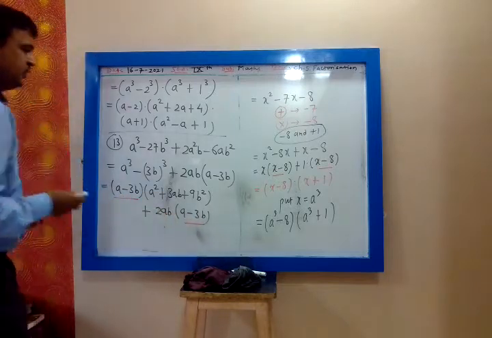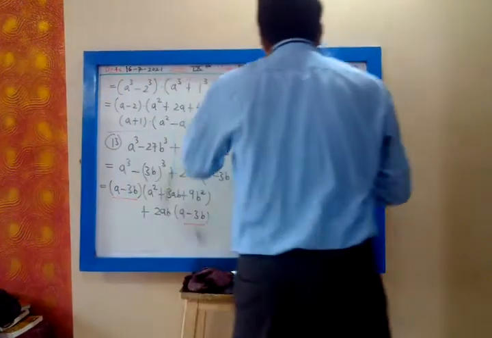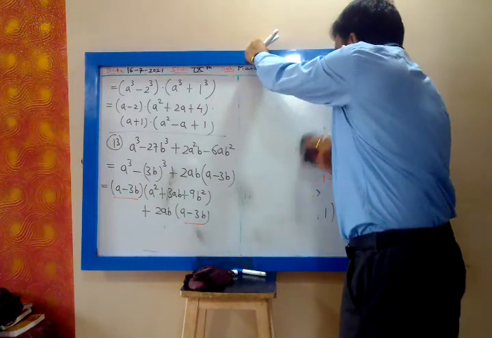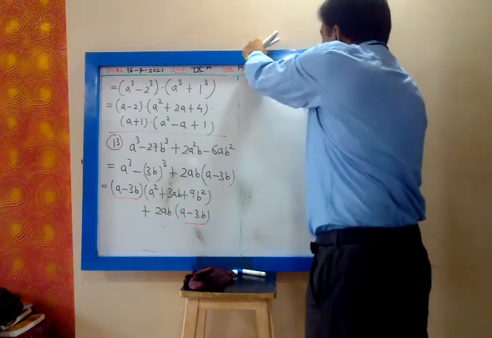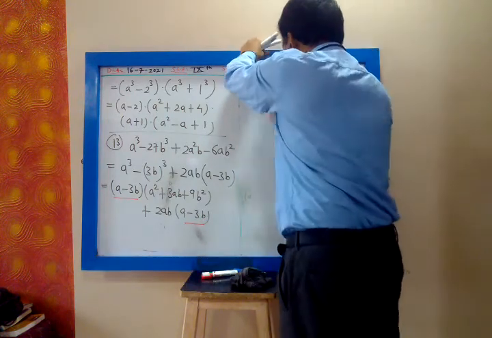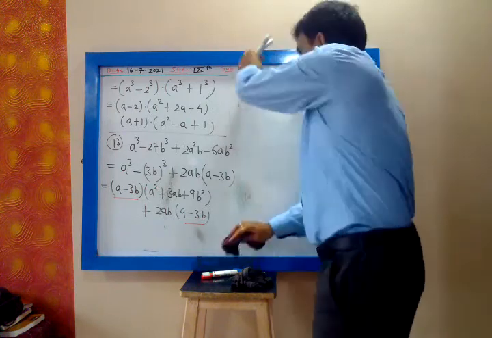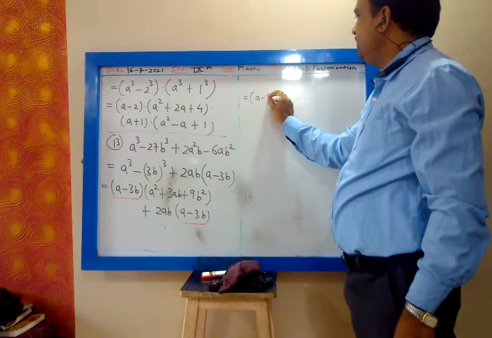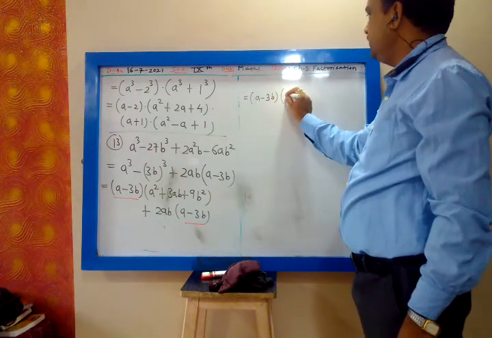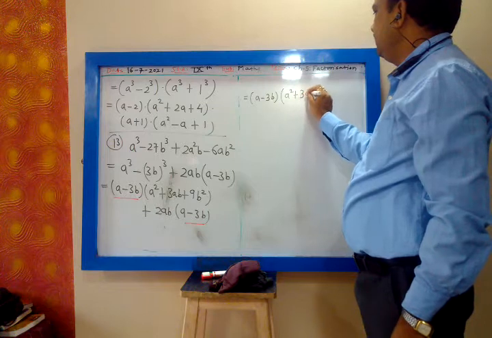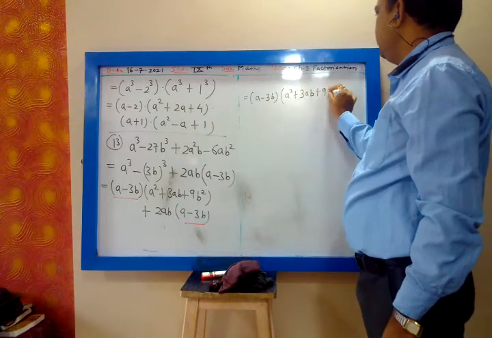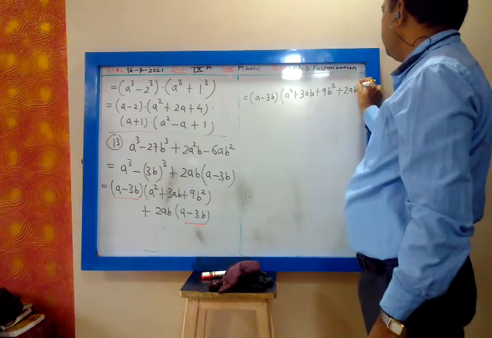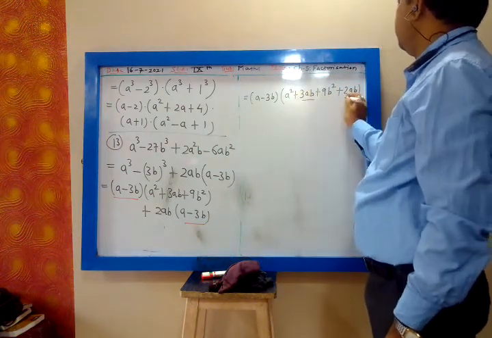So a minus 3b I will take common. So a minus 3b, then what is left? a square plus 3ab plus 9b square plus 2ab. 3ab and 2ab you can add.